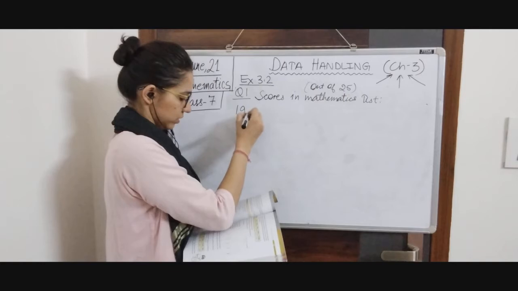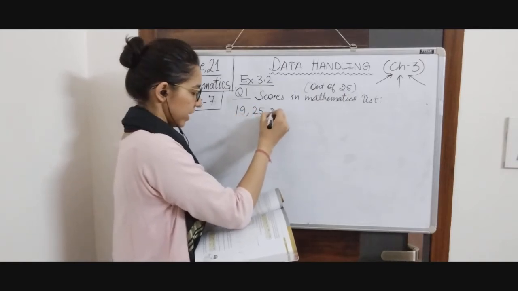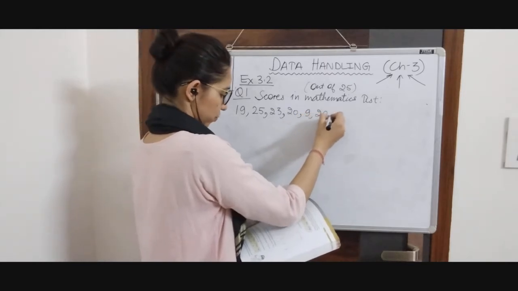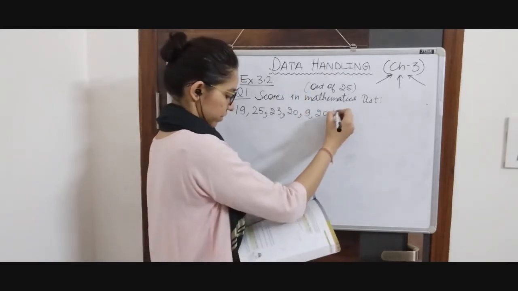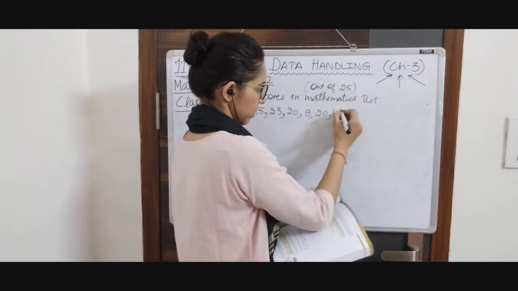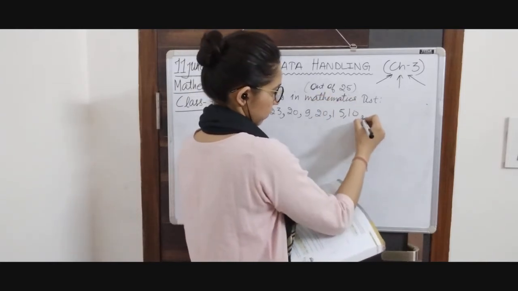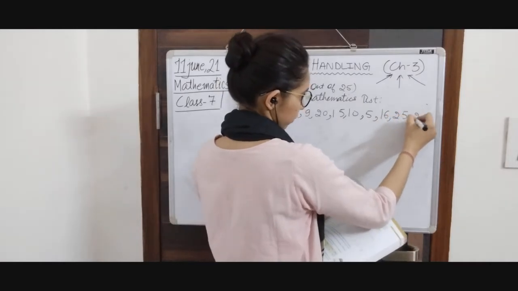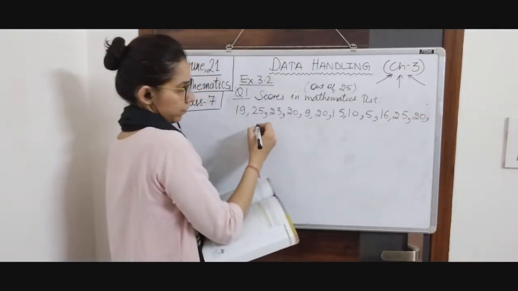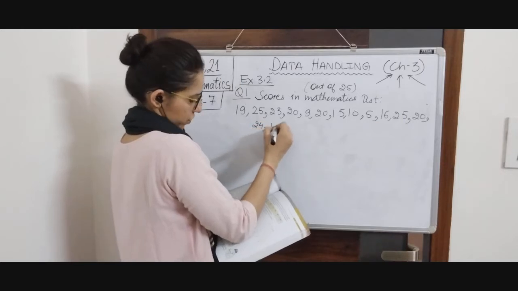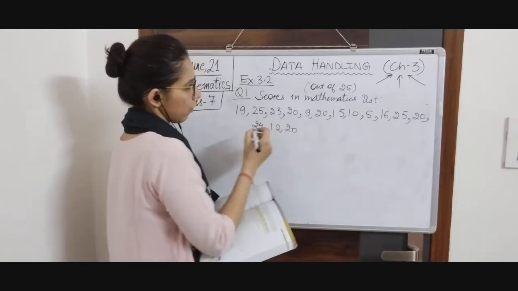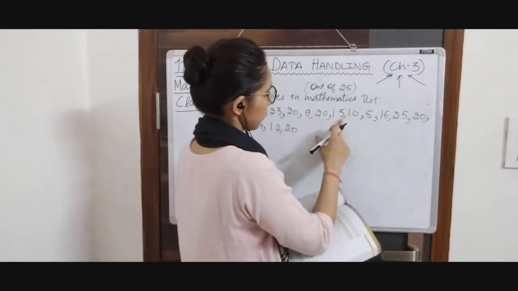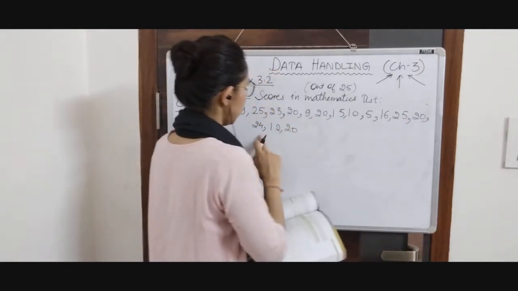For 15 students: 19, 25, 23, 20, 9, 20, 15, 10, 5, 16, 25, 20, 24, 12, 20. Now we will count the number of students: 1, 2, 3, 4, 5, 6, 7, 8, 9, 10, 11, 12, 13, 14, 15.